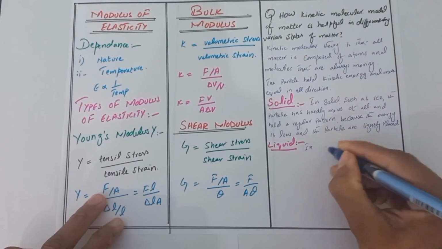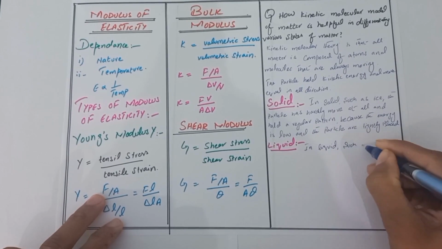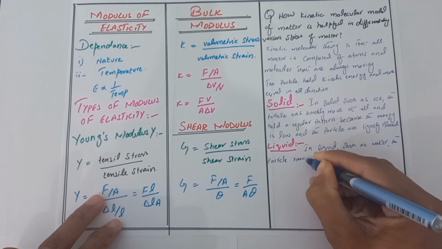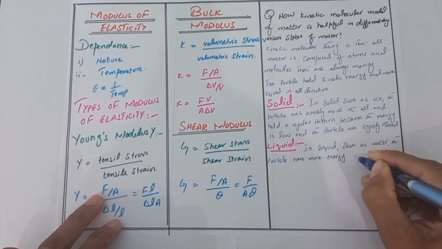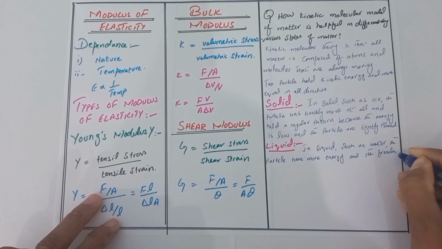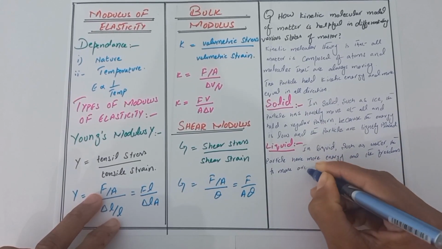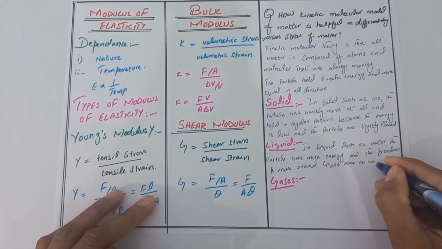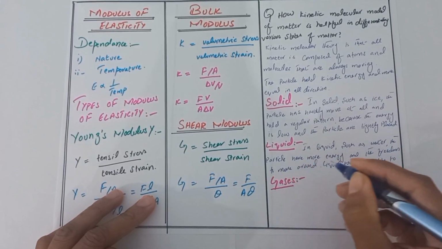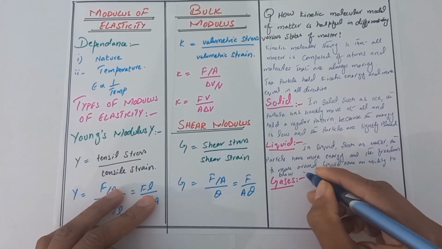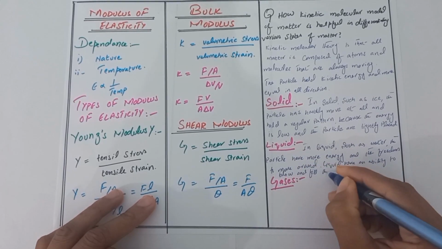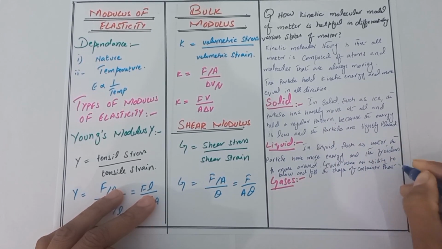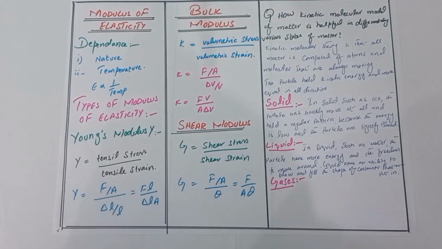Now in a liquid such as water, the particles have more energy and the freedom to move around. Liquids have an ability to flow and fill the shape of the container they are put in.